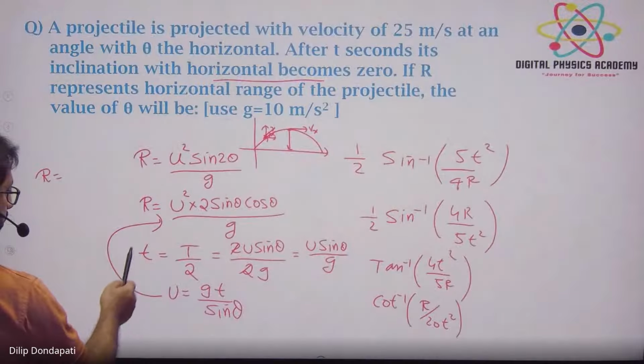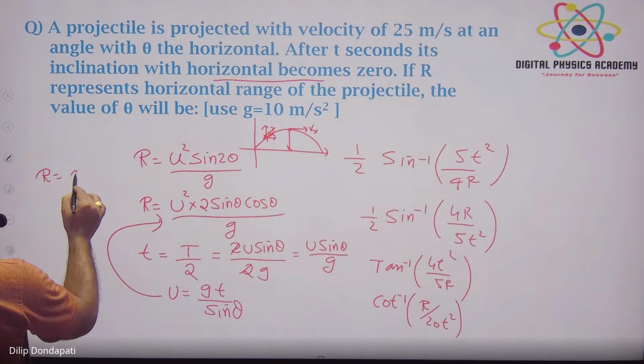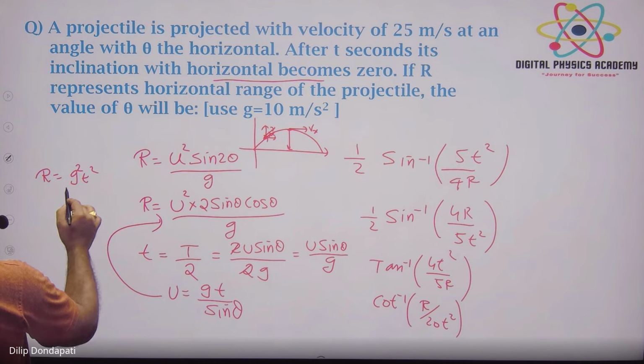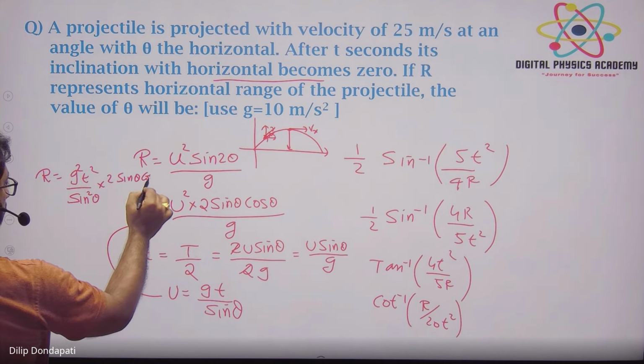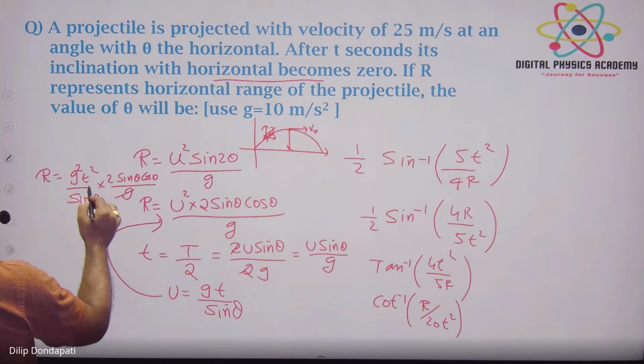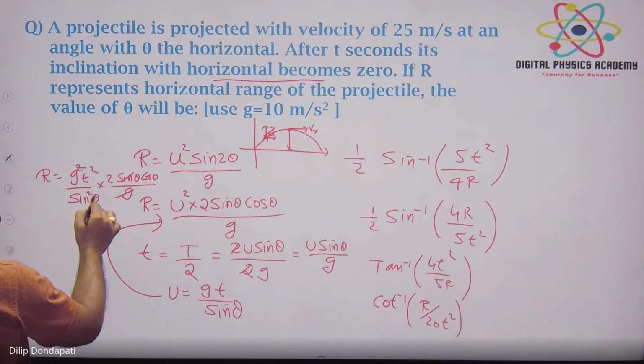Okay, in place of u, r is nothing but g square t square by sin square theta into 2 sin theta cos theta by g. So one g cancels and one sin cancels. Sir, it's cot inverse r by 20 t square.